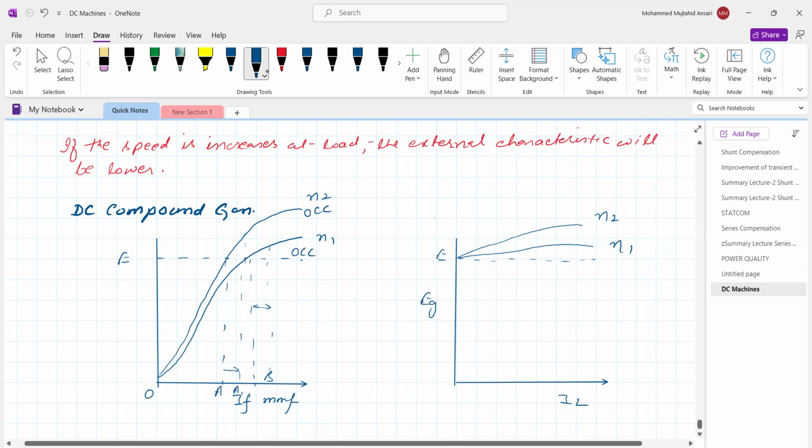In the case of the DC shunt generator, if we increase the speed, the characteristic goes on decreasing, meaning the drop in terminal voltage is more at the same load condition. Whereas for the DC compound generator, the voltage is going to increase. So this is somewhat about the characteristics of the DC generator. Next time we will start the DC motor.